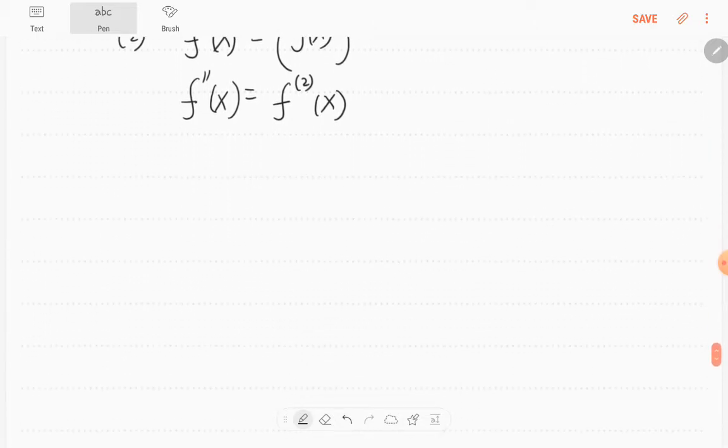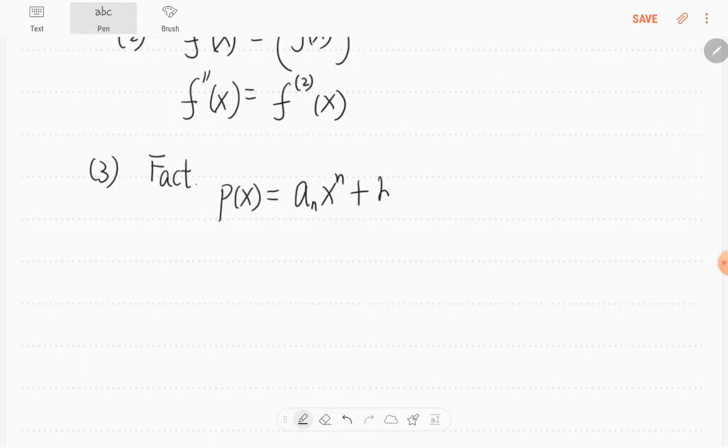Here is another fact. Suppose p is a polynomial with degree n, so that means p is a sub n x to the n plus a sub n minus 1 x to the n minus 1 plus and so on, plus a1 times x plus a sub 0.